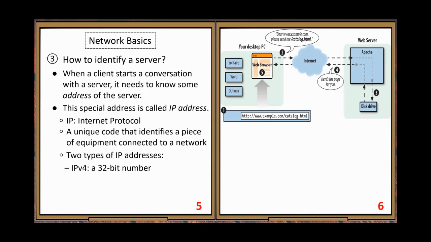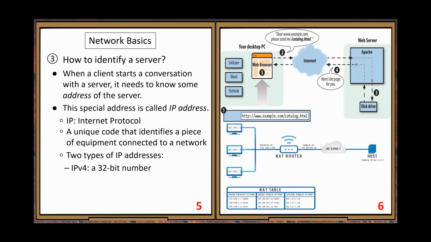I show you the 2 types of IP address. The first one, the old one, IPv4, is a 32-bit number IP address, with a structure like that. Another one, IPv6, exists because we already ran out of IPv4 numbers. Many years ago, IPv4 numbers already ran out, so people have to use longer bits, IPv6.